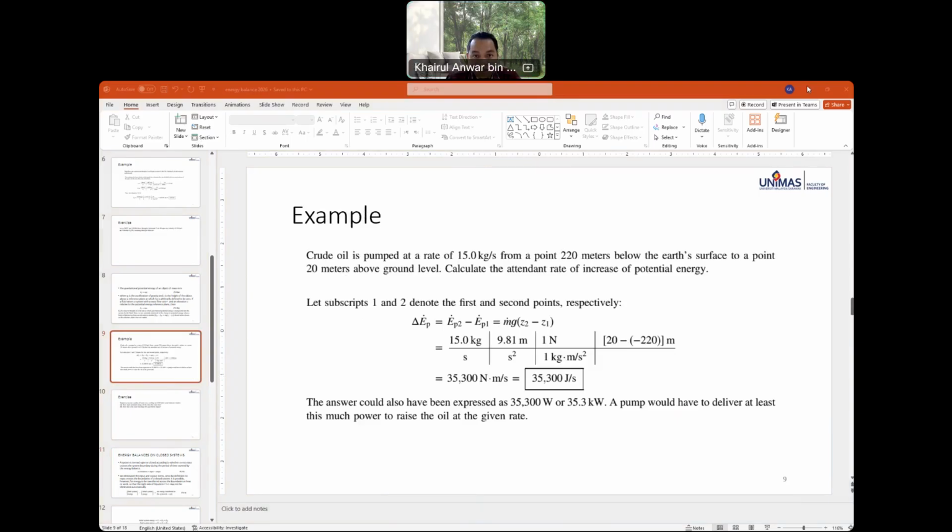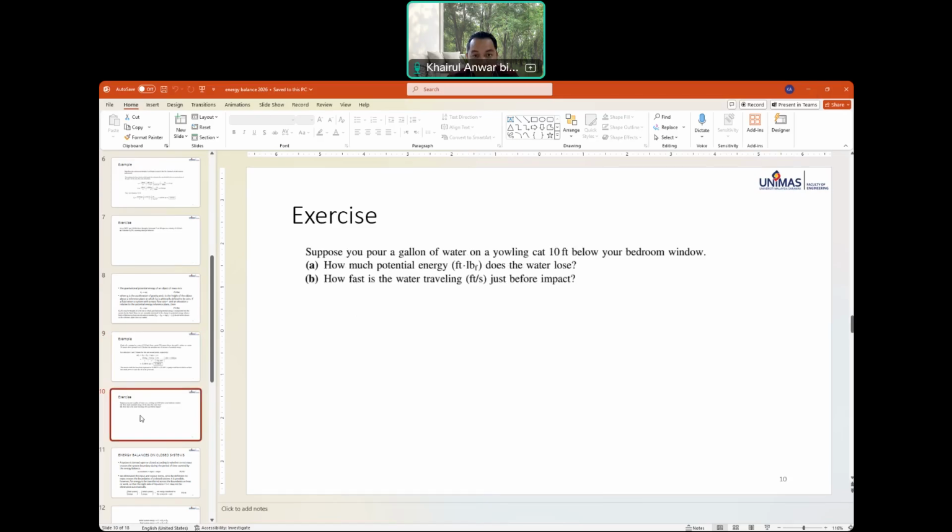So, 1 gallon. So gallon has to be converted to pound. Gallon per pound converter.